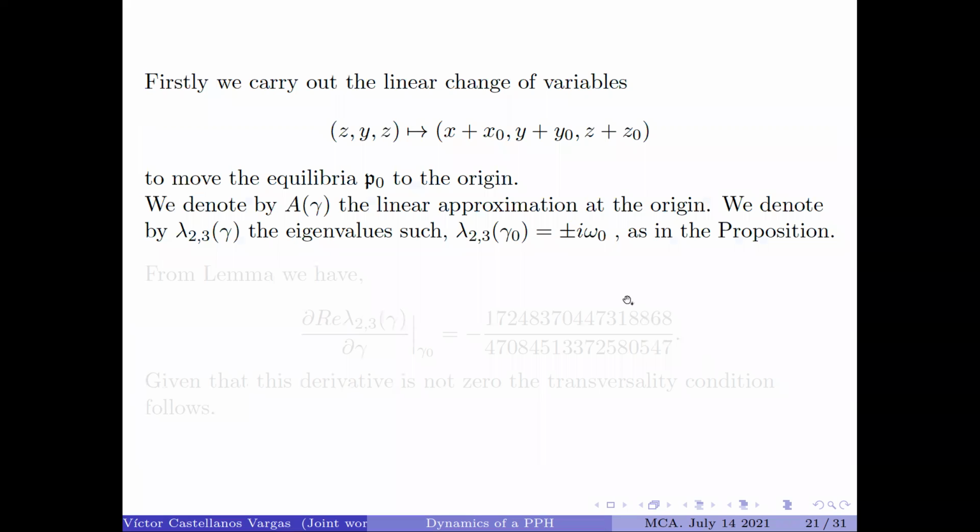Okay, then we need to compute the first Lyapunov coefficient.